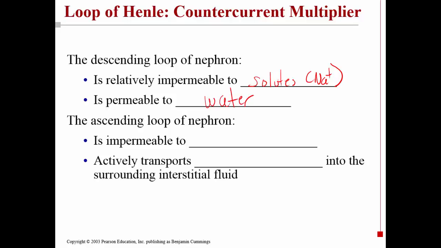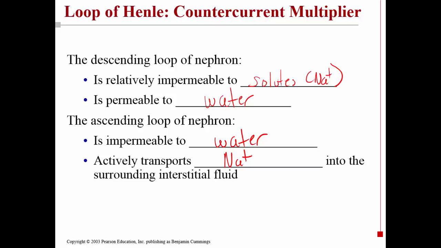Now the ascending loop has different tissue or cells lining it, and so this makes it impermeable to water, but permeable to sodium. And in much of the ascending nephron loop, sodium is actively pumped from the loop into the surrounding tissue.